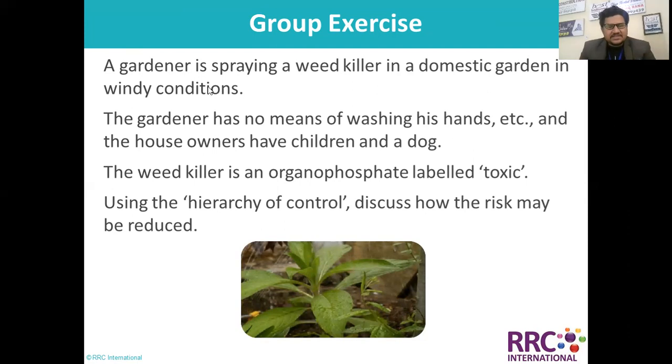Over to you, please. So what would be the hierarchy of control? How may the risk be reduced? What is your take on it?